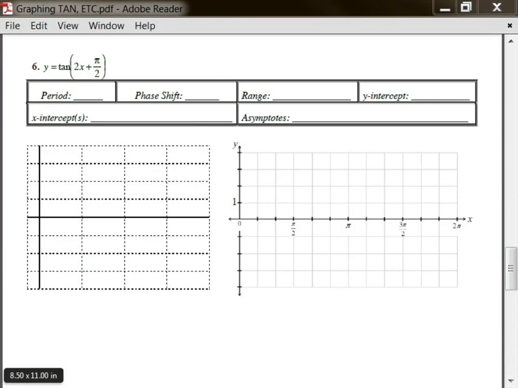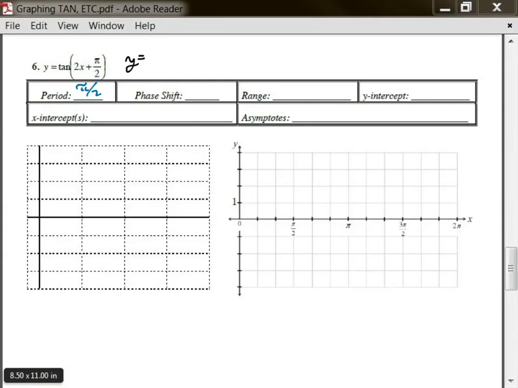Alright, we've got stuff happening for this one. Let's see, our period is going to be pi divided by b, which is 2. So our period is going to be pi over 2. Alright, our phase shift, well, we can't see it now because we have that b bothering us. So let's rewrite this with the 2 taken out.